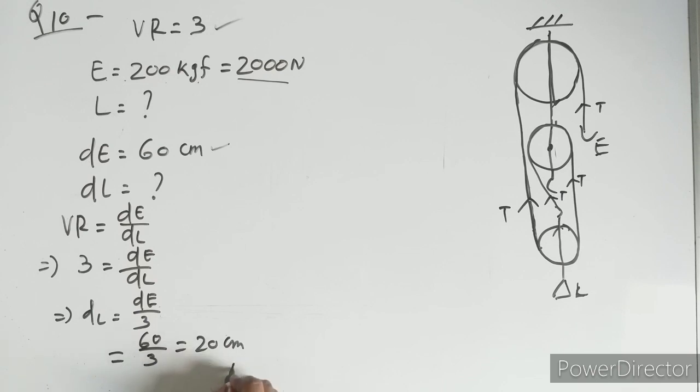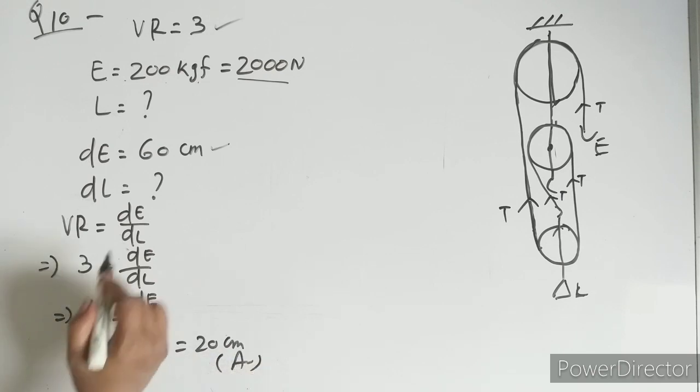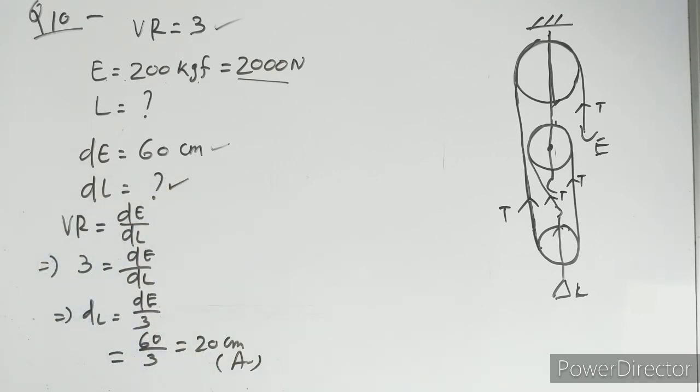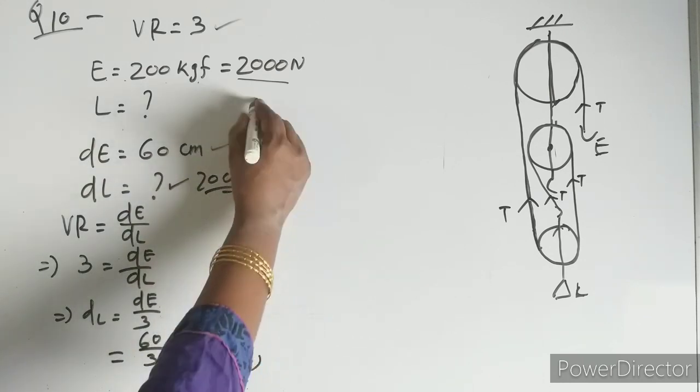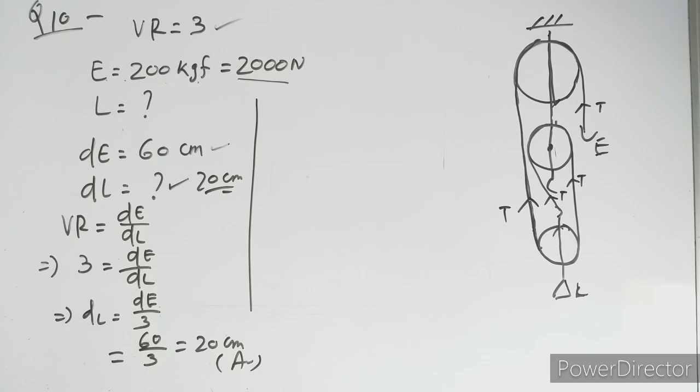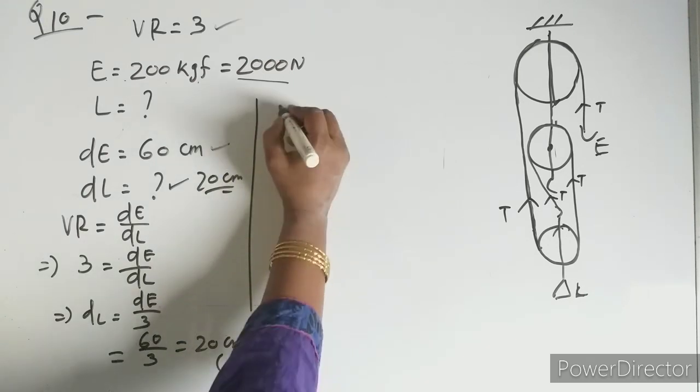So one answer we are getting here: the distance moved by the load is 20 centimeter. Okay, let us go for the next. Let us go for the third bit.